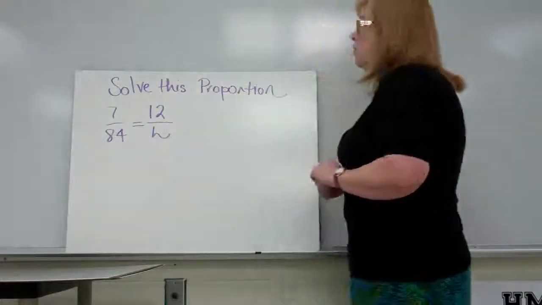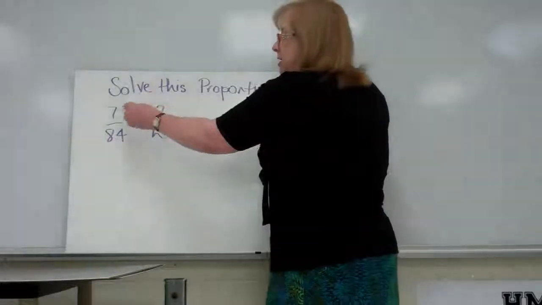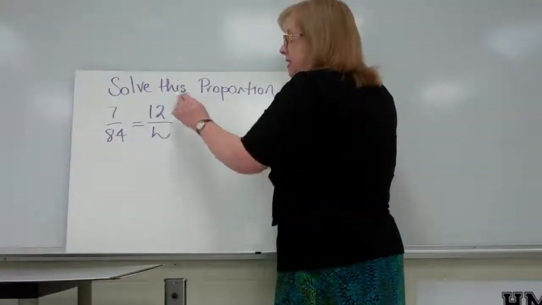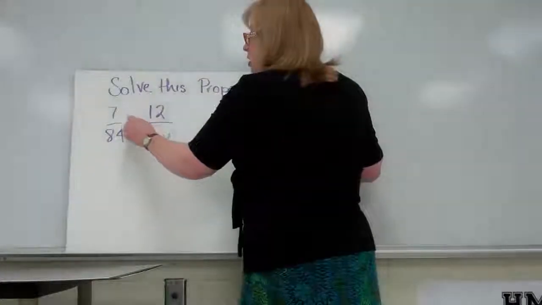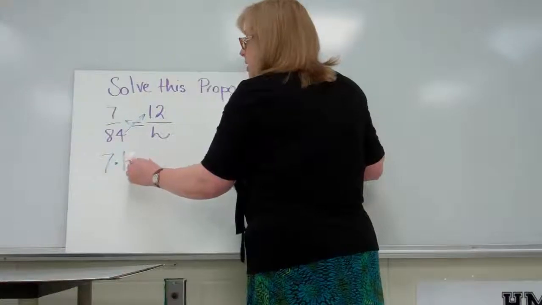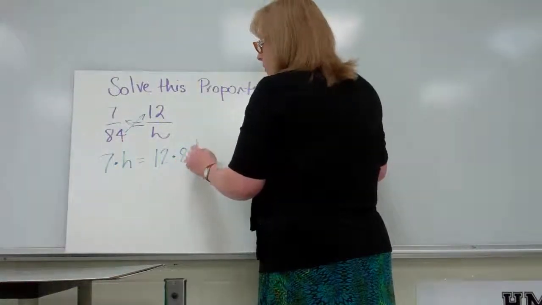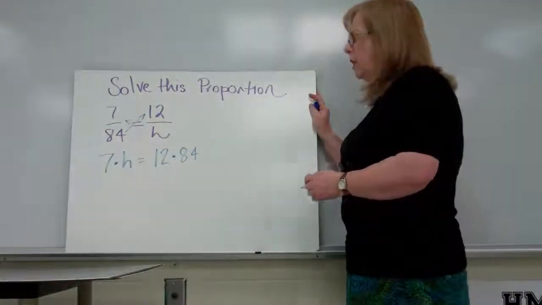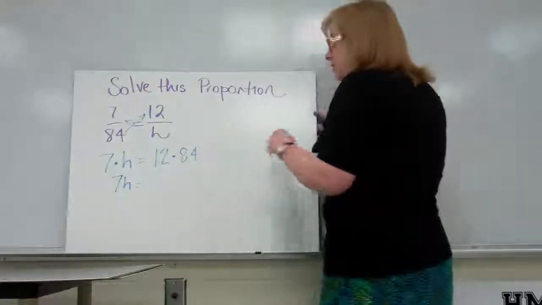Alright, let's move to solving a proportion. Okay, we want to know then 7 to 84 is the same as 12 to what? As we've done all along, we're going to use cross multiplying. 7 times h is 12 times 84. Well, 7 times h is 7h, and 12 times 84.